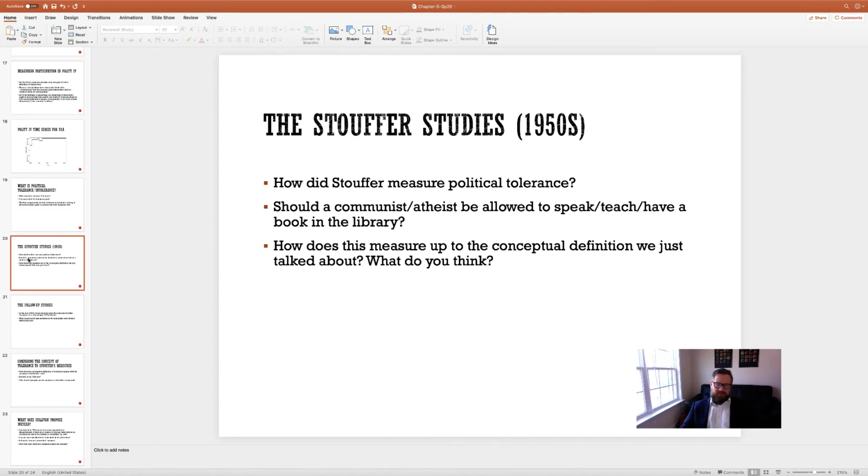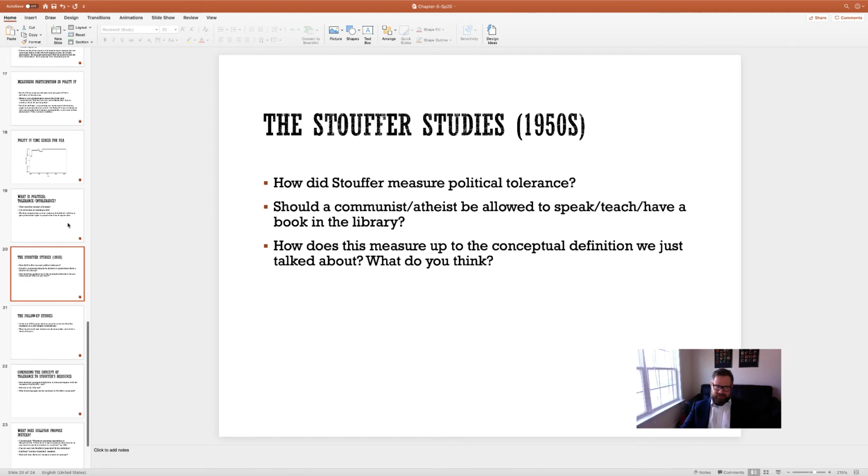So the assumption here is that people are against communism and people are against atheism. But if the society changes such that everyone becomes a communist and everyone becomes an atheist, and you ask the same question, right? This question really wouldn't measure tolerance at all, right? Does that make sense?